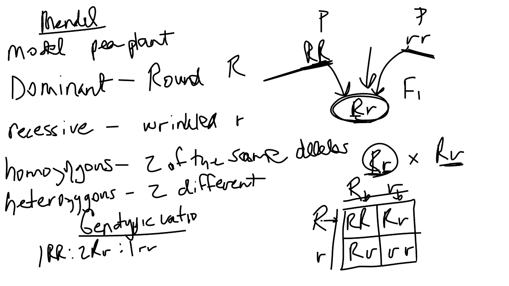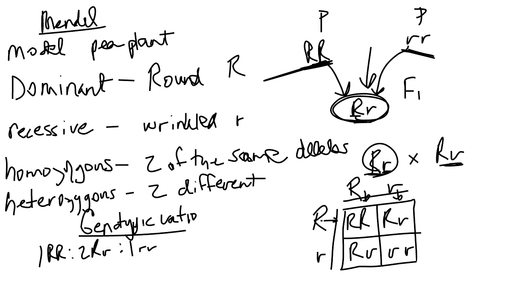Okay, or you could say 25% big R big R, 50% big R little r, and 25% little r little r, right? Those have the same meanings, or 1/4, 1/2, 1/4, all that. It's just different ways to say the same thing.